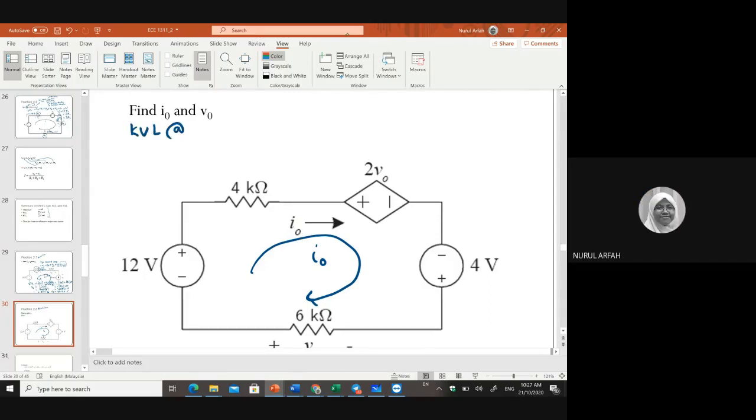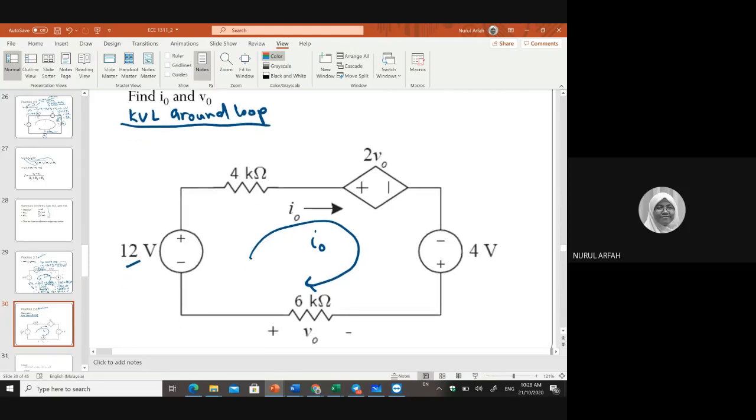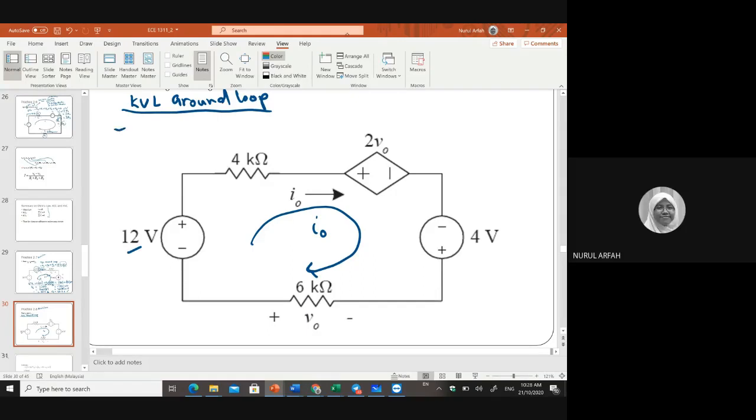So apply KVL around the loop. What is the KVL? Start with this: minus 12. Then plus V0. How do you know it is positive? Passive sign convention: current entering a passive element should have a plus, so you have a plus here.